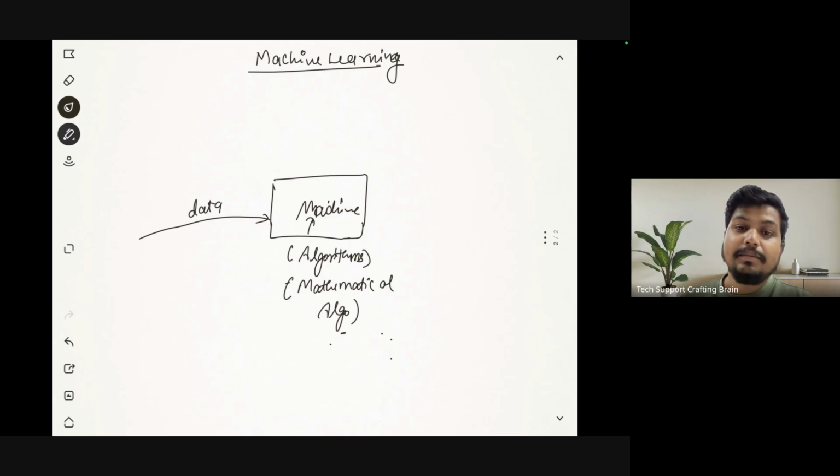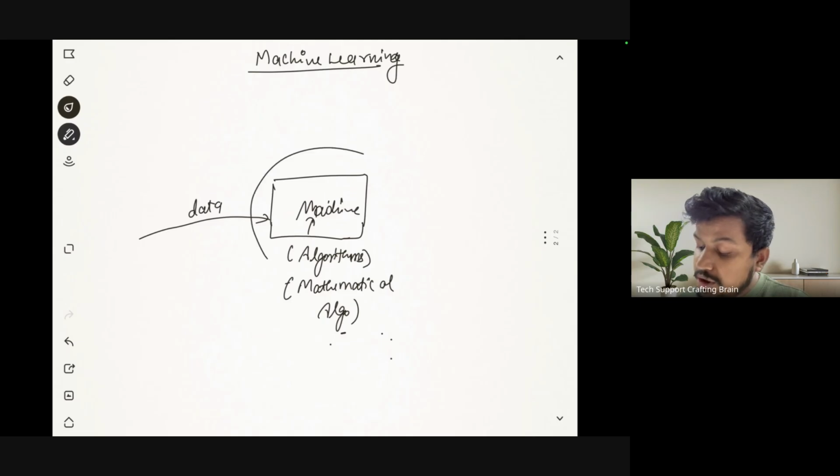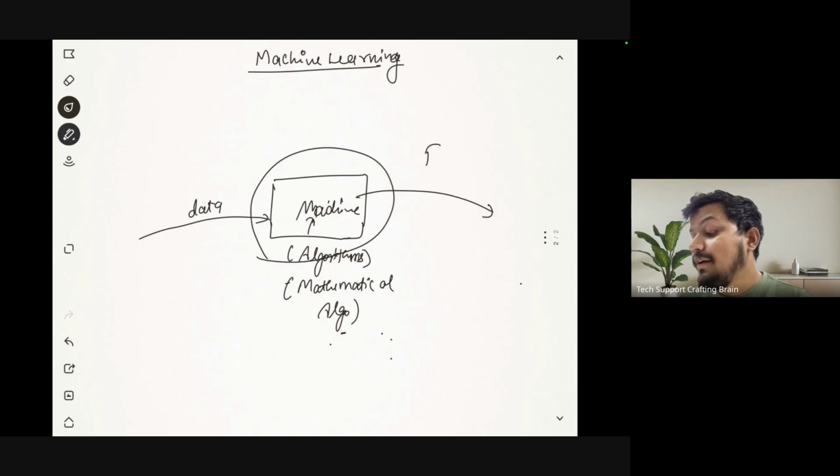Now our machine gets trained with the data, and with the training data it would be able to make some sort of future prediction. That is a simple example of machine learning.